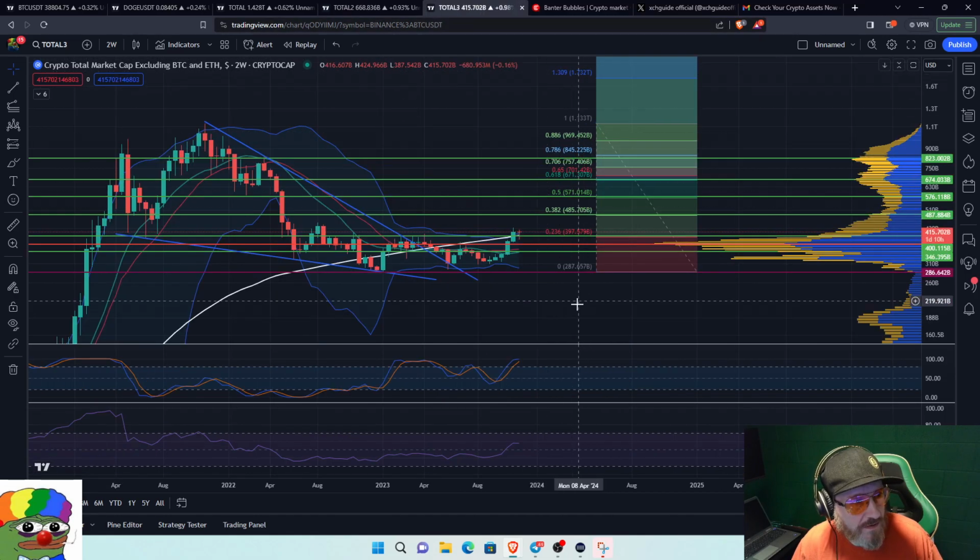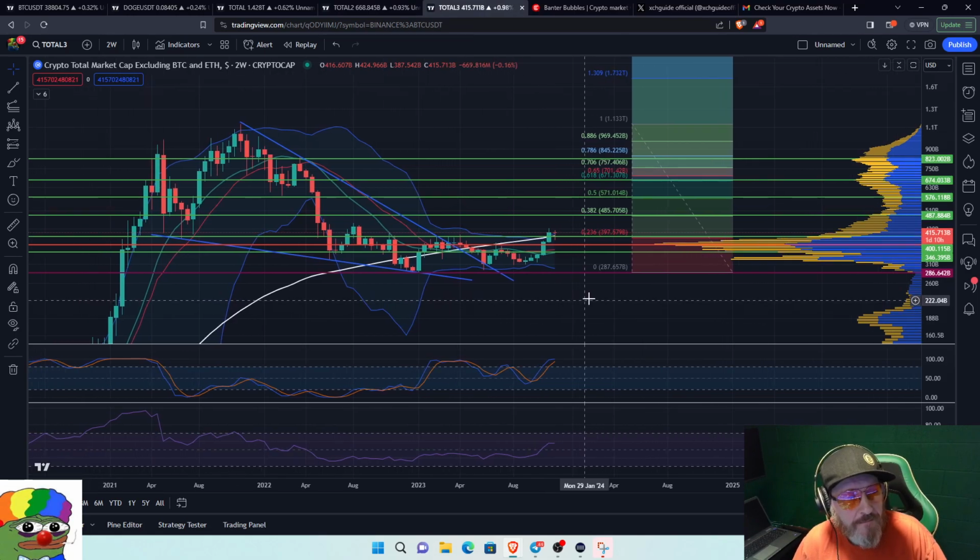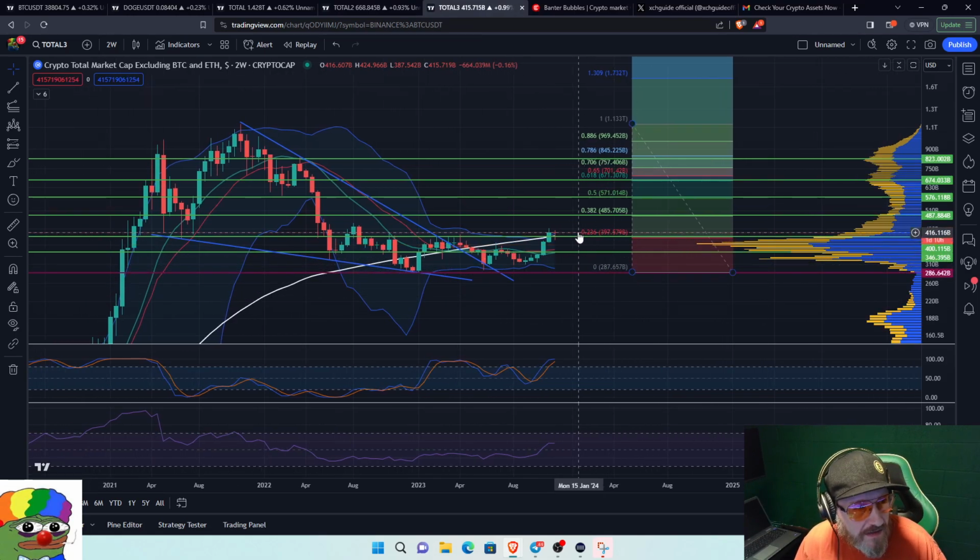As we move over to the total 3, you can see that we're really not even entirely confirming a bounce off of this 200 weekly moving average yet, which tells you that some of the altcoins have yet to break out. This part of the space is still lagging behind.